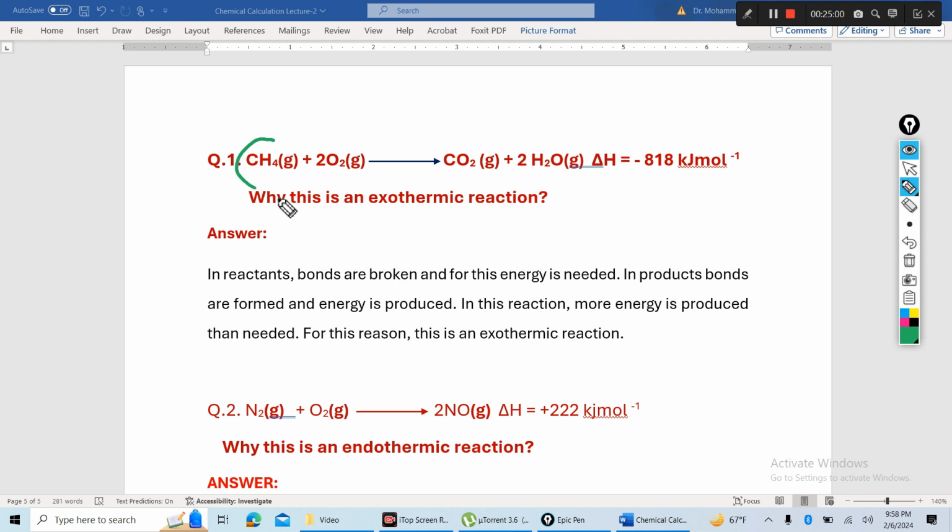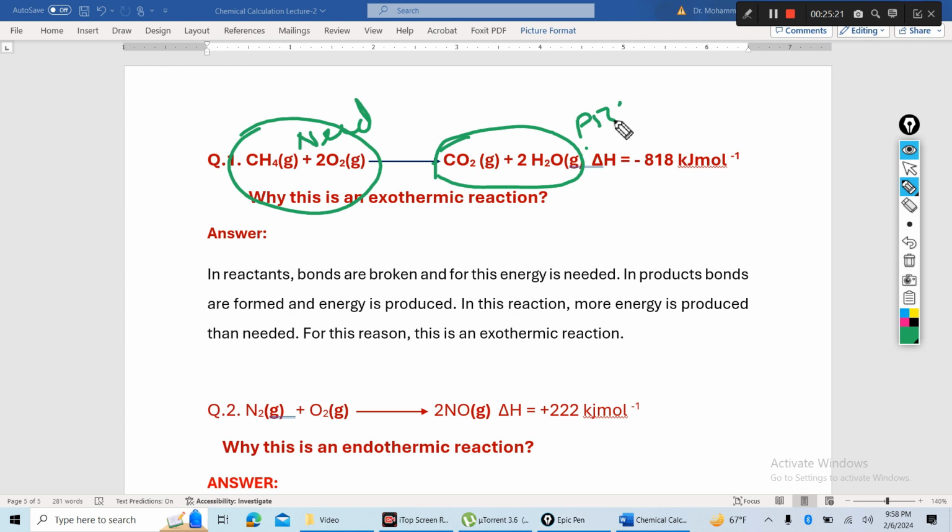So this needs energy, this produces energy.